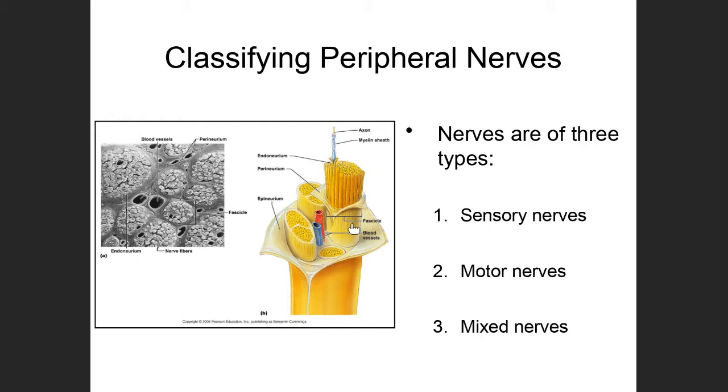Other fascicles within that nerve consist of neurons that are motor, carrying electrical signals away from the brain and spinal cord and towards peripheral parts of the body. You would never see a situation in a mixed nerve where within a single fascicle you've got sensory neurons and motor neurons present. If you have a mixed nerve, it's at least organized by fascicles. So some of the fascicles are motor and some of the fascicles contain neurons that are sensory.